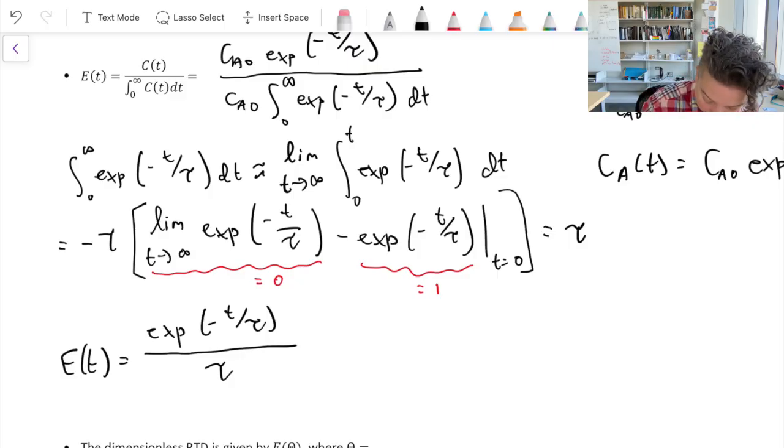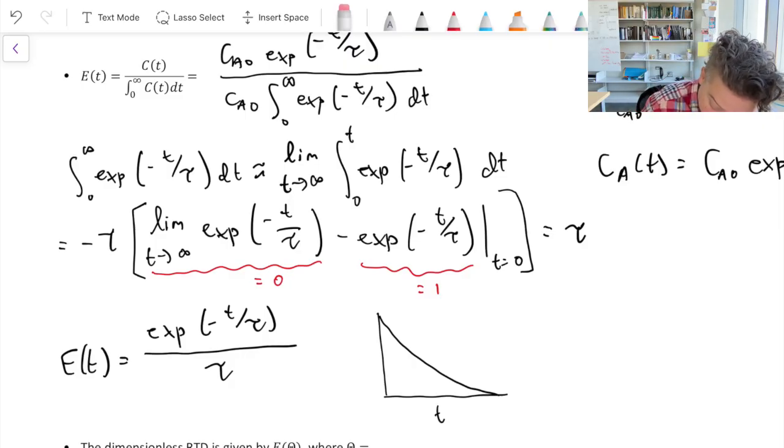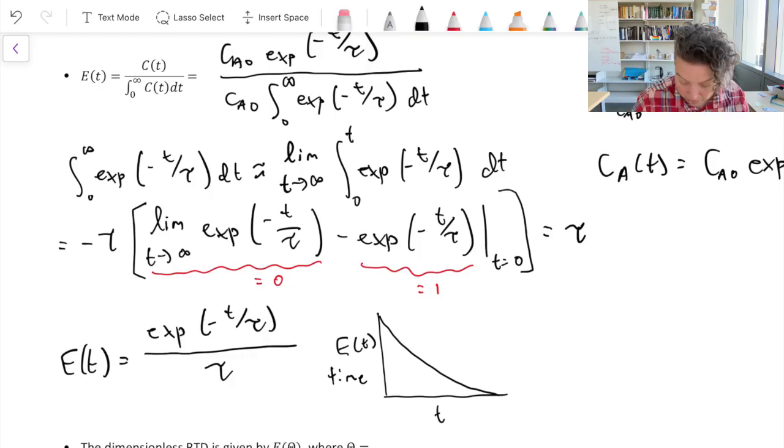We saw in the last lecture that what that would look like is an exponential decay function, and this is where it gets that shape. The axis is going to be time to the negative 1 units, and then this would be time units.